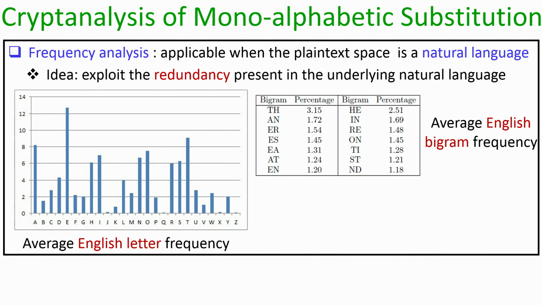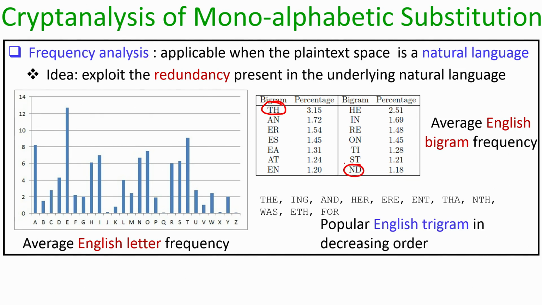For example, we know that in long English text on an average the bigram TH occurs more frequently compared to the bigram ND, and so on. And in the same way, we have the frequency of the most popular English trigrams, and so on. And this is public data available to any user in the universe.